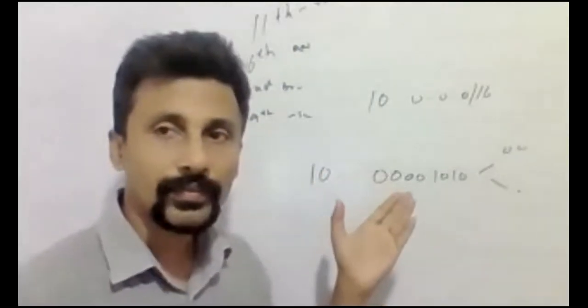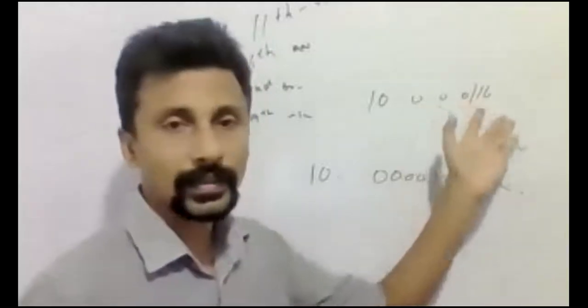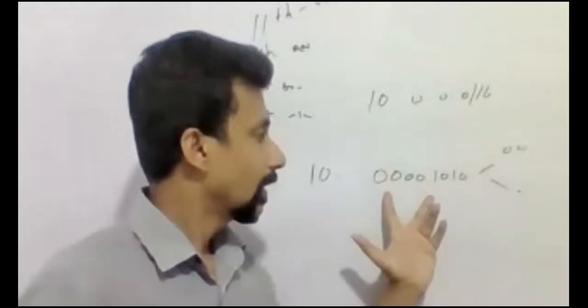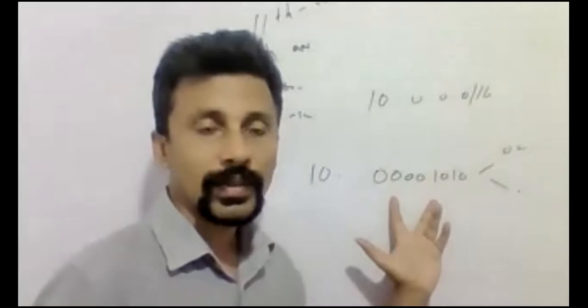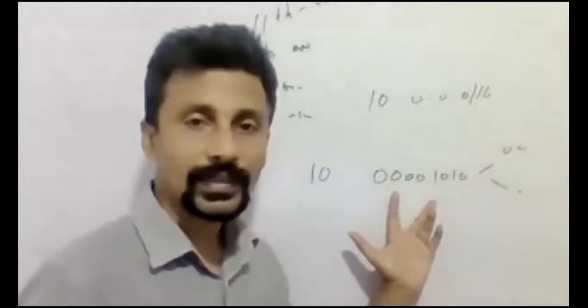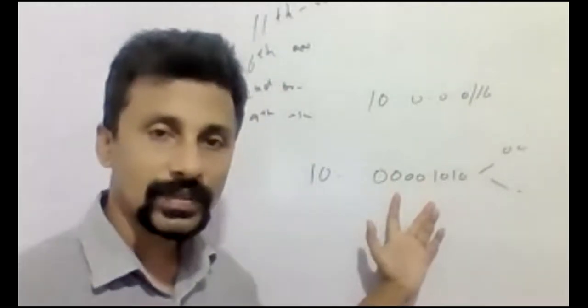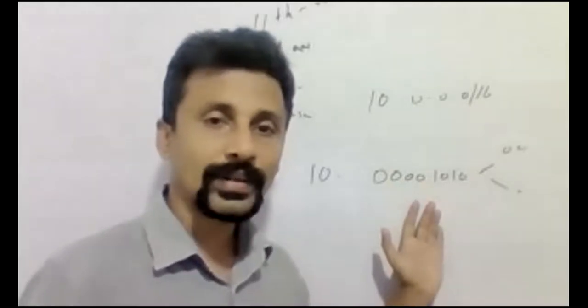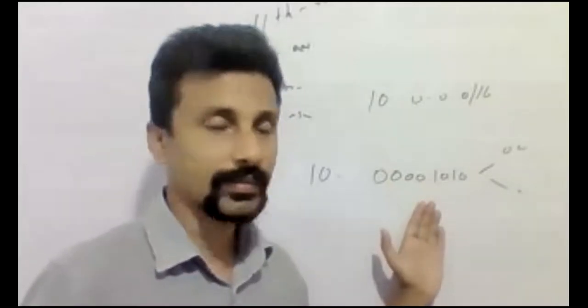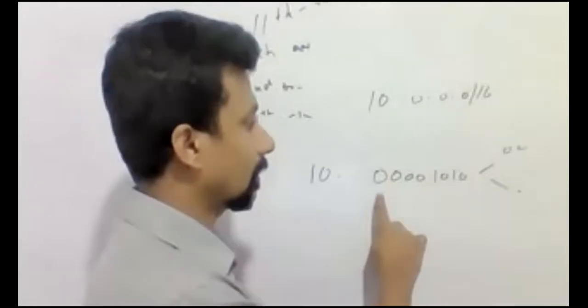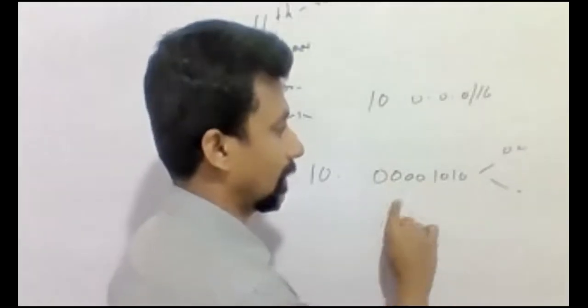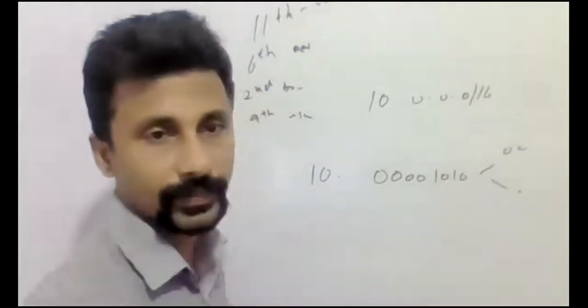Another 8 bits. We are asked to find out the 11th, because we are starting with 0, up to 10th subnet. So the 10th value is like this, right?